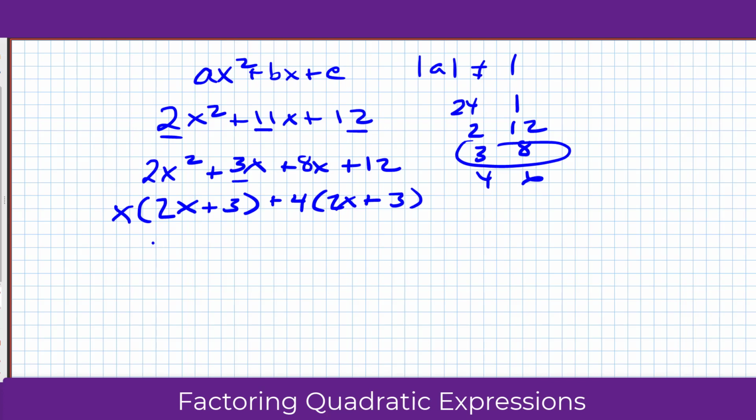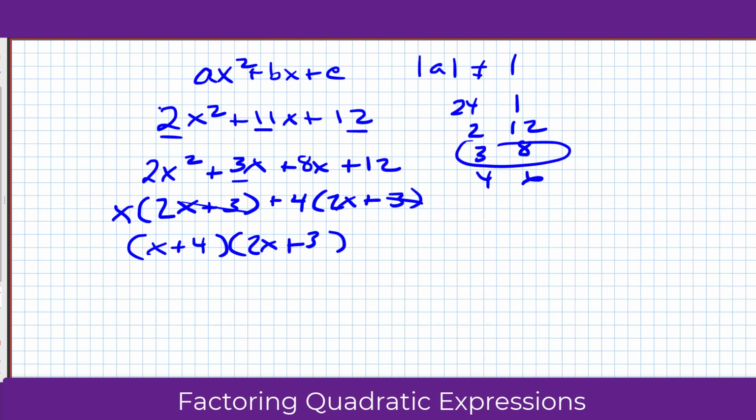We've got x plus 4, and then we can combine these. 2x plus 3 here and here, so we do that once, and then we've got our x plus 4.